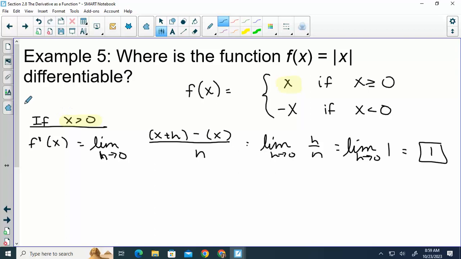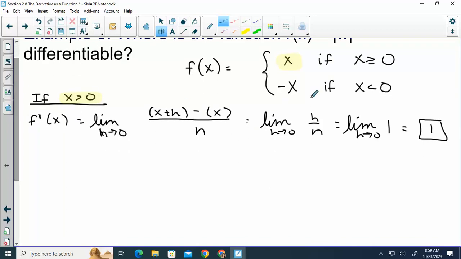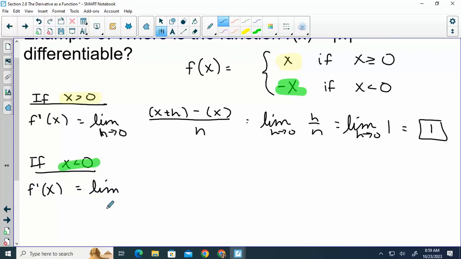So what that means is, if you're putting in a positive number, the derivative is always equal to 1. Second option, if we put in a negative number. So that means we're down here on this section. So in that case, we go on it as h approaches 0.